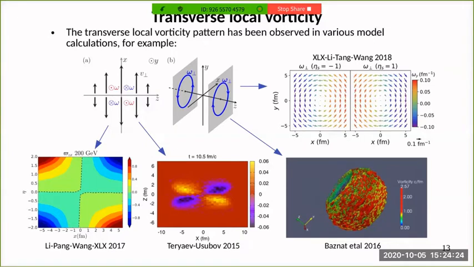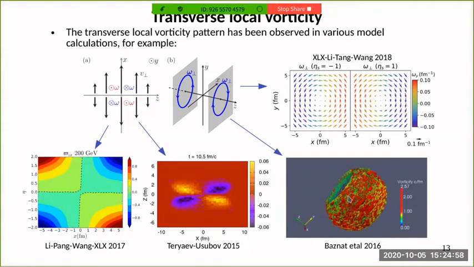If you observe this transverse vorticity on the xz plane, which is the reaction plane, then you will see the quadrupole pattern of the omega z component given by this picture and this picture. And if you observe the 3D distribution of this transverse vorticity, then you will observe the vorticity loop given by this picture and this picture.